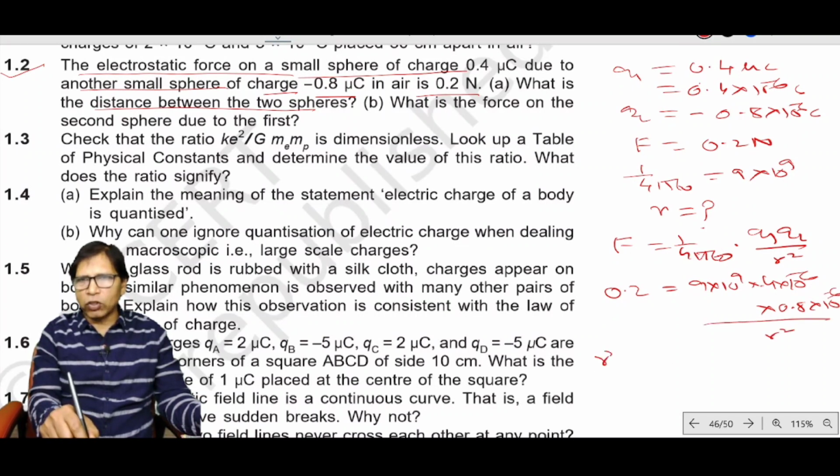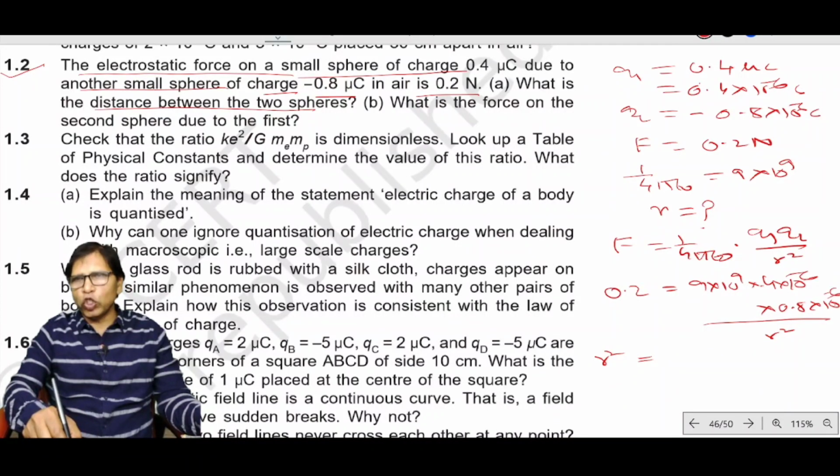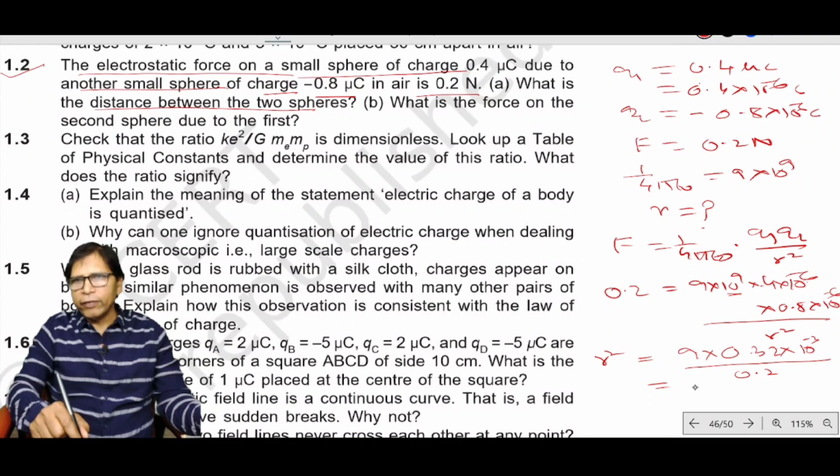So R square equal to, 10 to the power minus 6 into 10 to the power minus 6, that is 10 to the power minus 12 into 10 to the power 10. So this is 10 to the power minus 3. So this is 9 into 0.32 into 10 to the power minus 3 whole divided by 0.2. So this is 9 into 0.16 into 10 to the power minus 4.